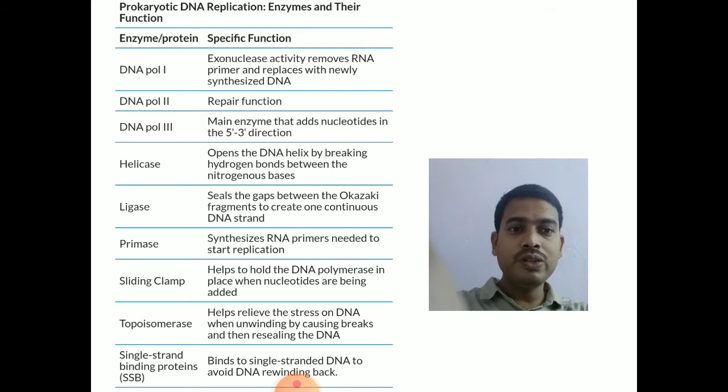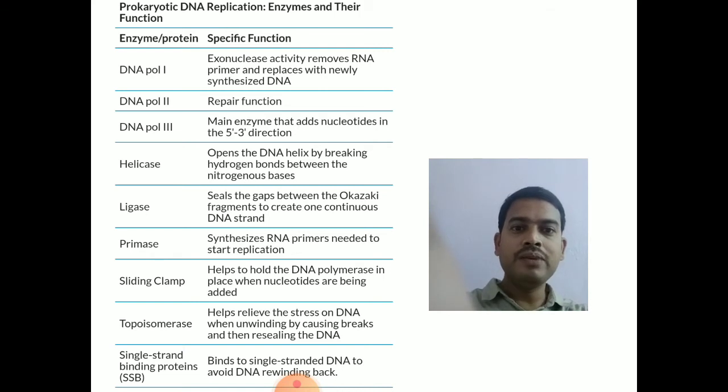That is, 5' to 3' polymerization activity, 3' to 5' exonuclease activity, and 5' to 3' exonuclease activity. These are the three activities in which DNA polymerase 1 is involved. Whereas DNA polymerase 2 is especially involved in repair function. It has 5' to 3' polymerization activity.